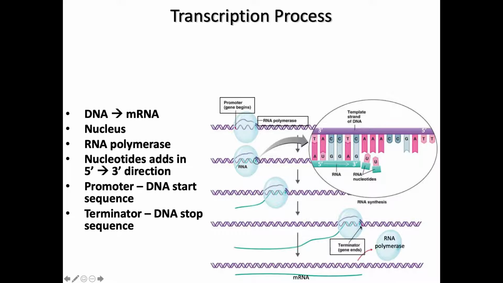Once it reaches the terminator sequence, the RNA polymerase will be detached from our DNA molecule. And now you have your mRNA that will carry the instructions to make the protein from the nucleus into the cytoplasm.